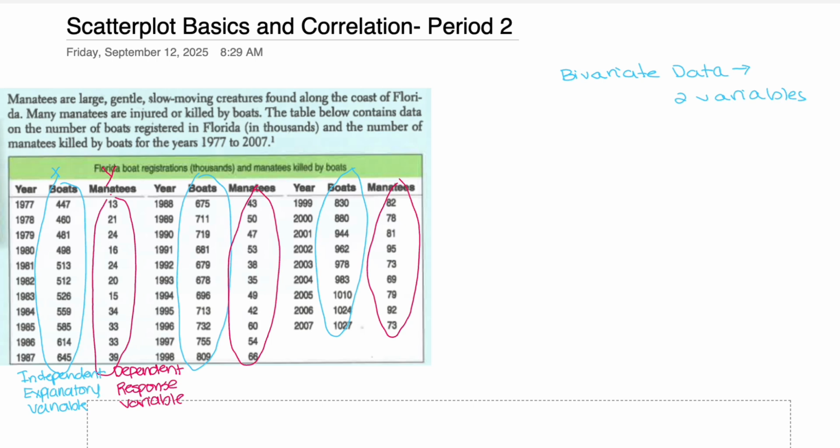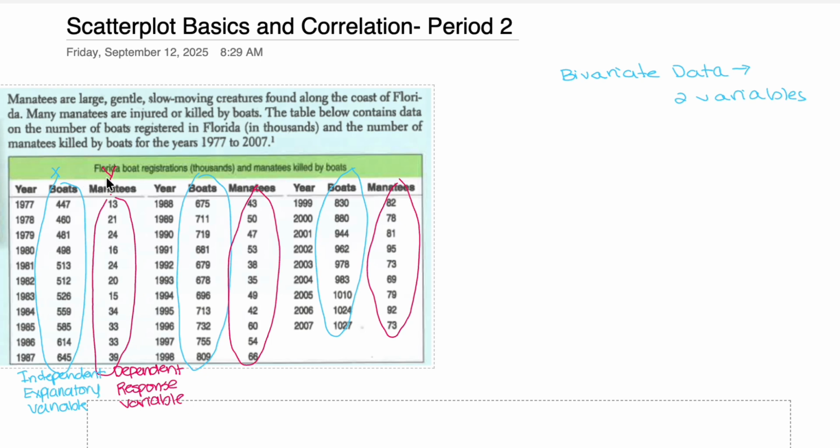So let's look at this example involving Florida boat registrations and the number of manatees killed by the boats. You can see that the x-axis is the explanatory variable, which is labeled right here. The table gives us two columns of data, and those are the data we're going to focus on in this video to analyze deeper.